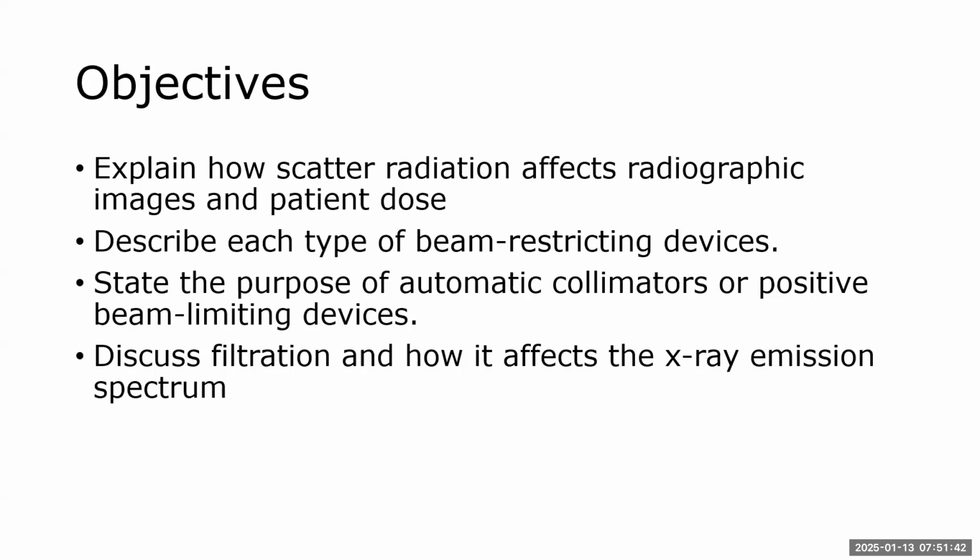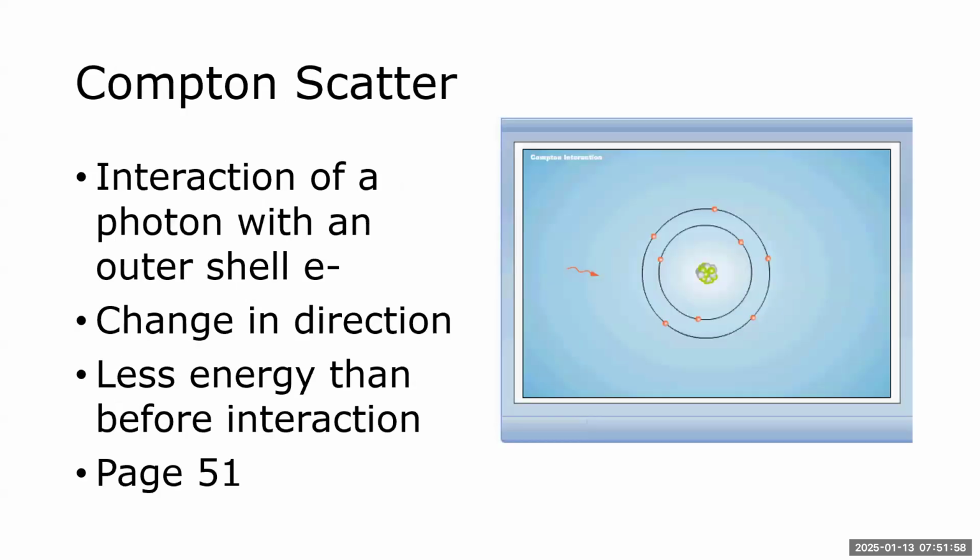So we're going to actually, in lab, do some activities with not only beam restriction, but filtration. There's an option on the user interface on the front of the tube where we can add filtration in. We're going to see how that affects the emission spectrum.